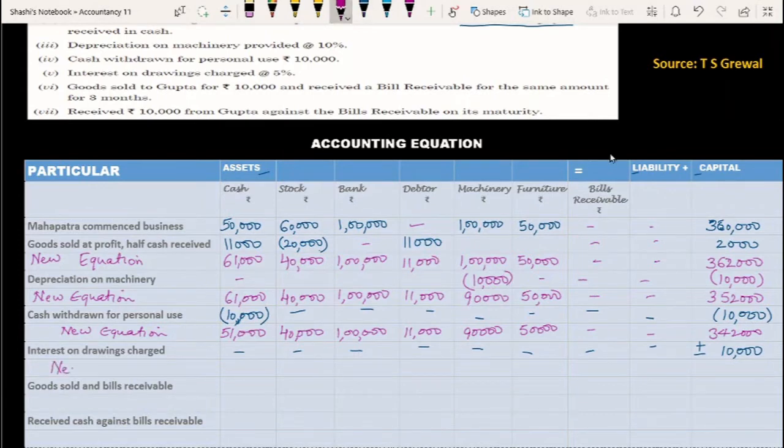So here the new equation is going to be 51,000, 40,000. This is going to be same. 90,000, and this one is 50,000. And here, since there is a plus and minus, so it will remain same.